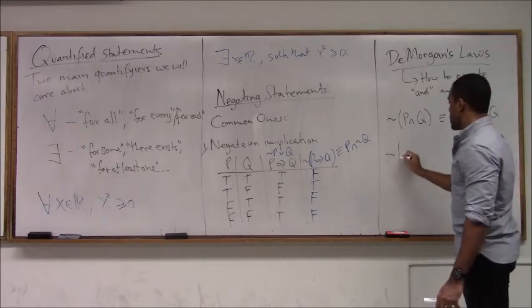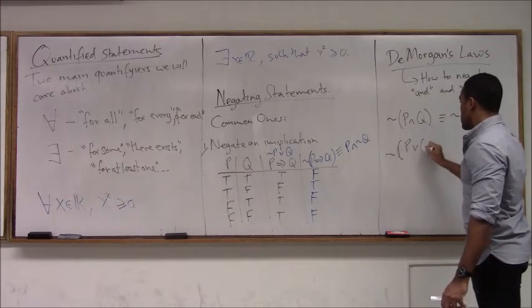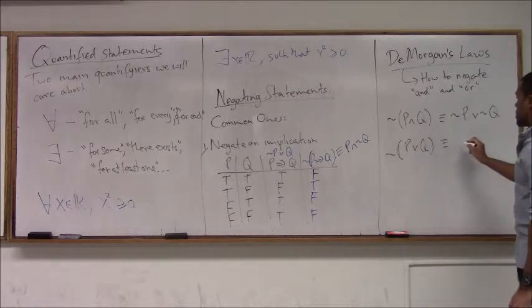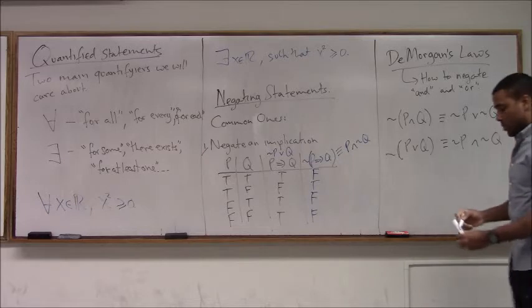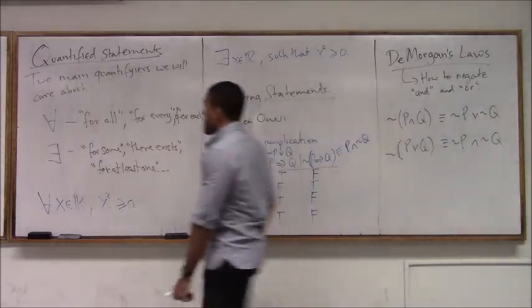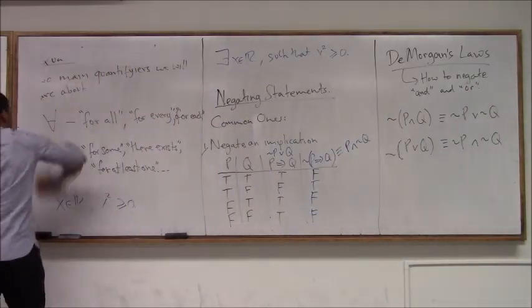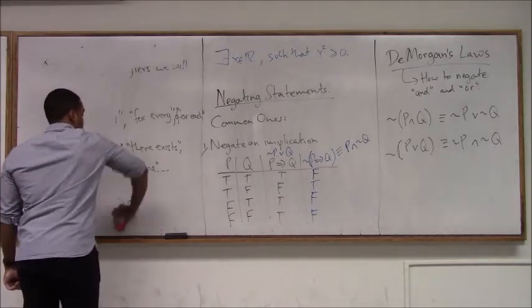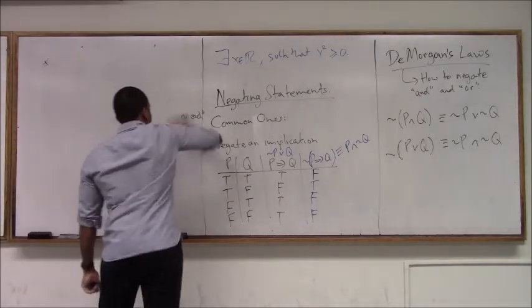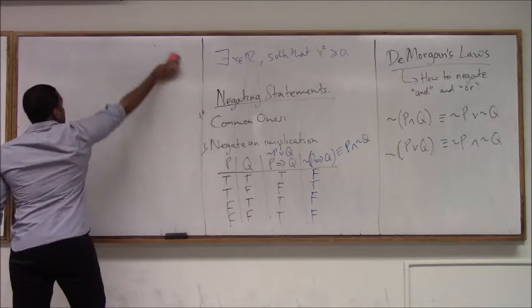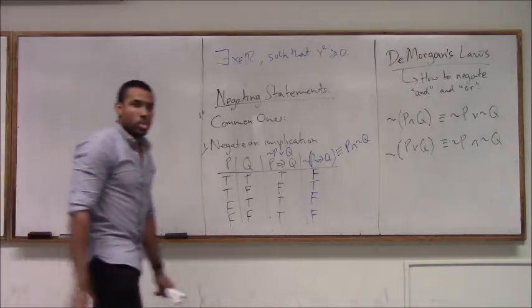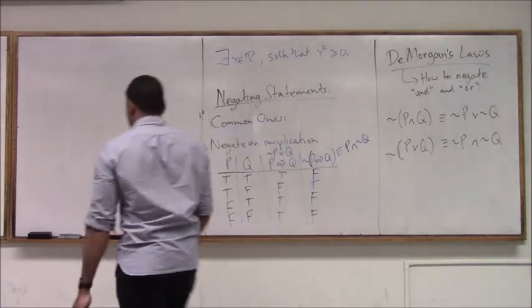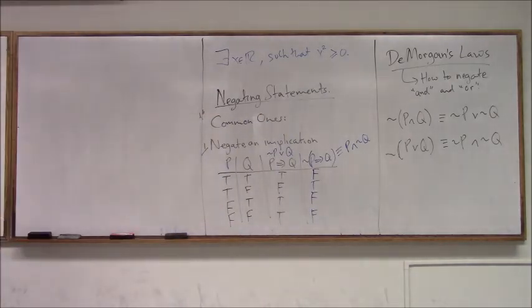And if you negate something or something, that's the same as negating the first thing and negating the second thing. These two are called De Morgan's laws. Knowing how to negate something would be useful when you're doing something like a proof by contradiction. So you need to know how to negate different statements.